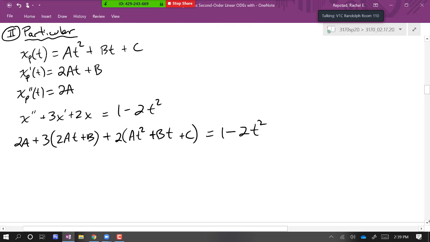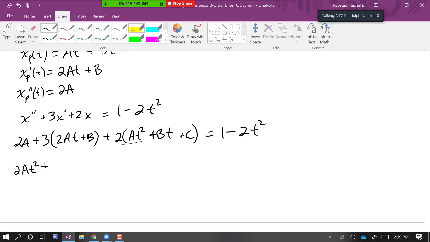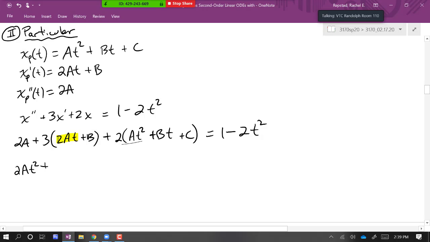Now I'm going to expand out the stuff that we have over here on the left side. I'm going to gather my like terms, defining them by like powers of t. So for the t squared term, I just have 2a t squared. For the t term, I've got 6a plus 2b t.